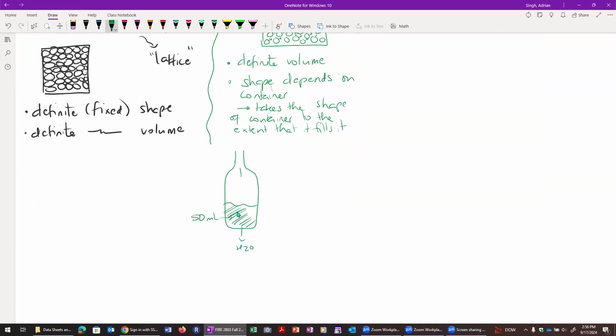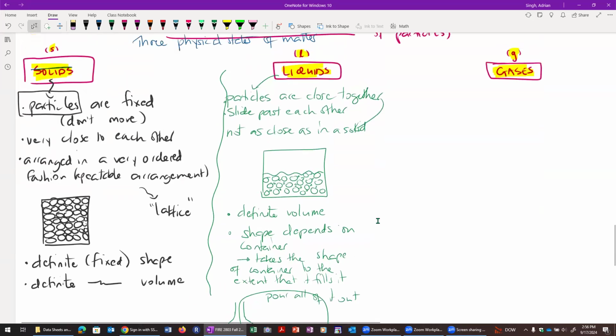Now, obviously, if I take it and pour it into a different container, like doing this, I may see that the shape that the water adopts now depends on the container that it's in. I'm going to pour all of it out. It's still going to be 50 milliliters, but the shape then adapts to the shape of the container, right? And that's because the molecules or the particles are able to slide past each other.